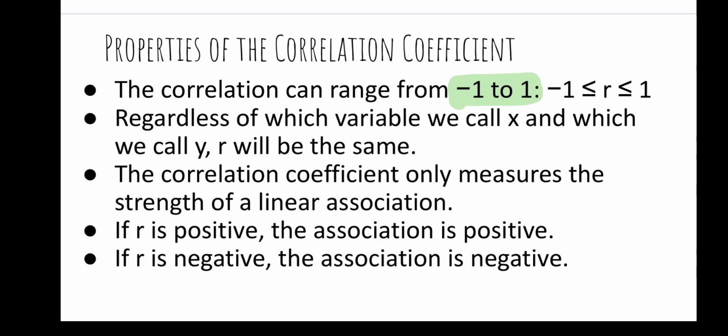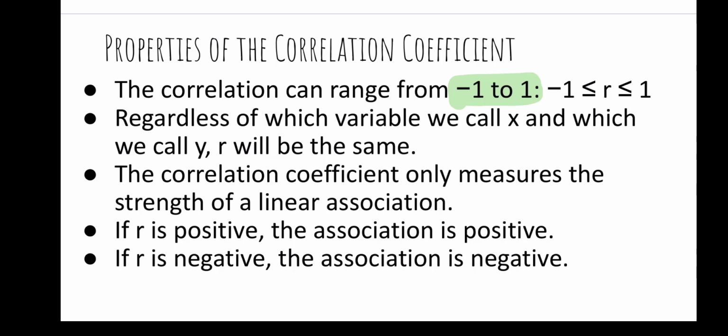If you were to go into more advanced statistics classes, you would talk about other types of correlations, like nonlinear correlations. We're only focusing on linear correlations, and r only measures the strength of the linear association, which is fine for us.